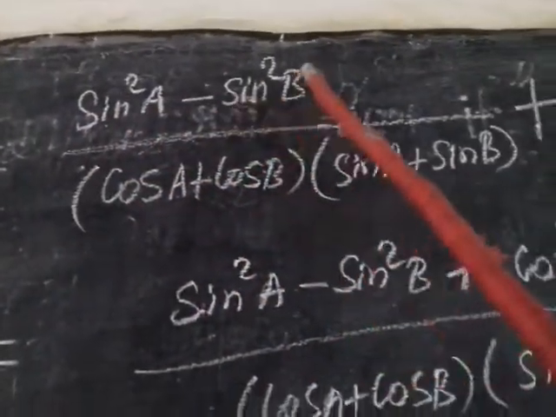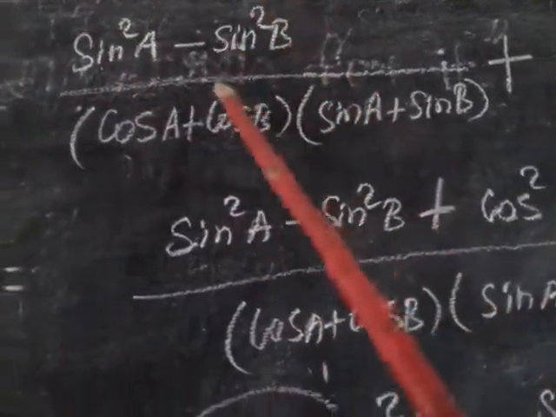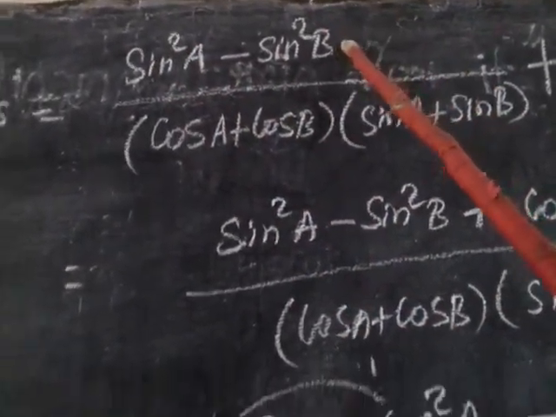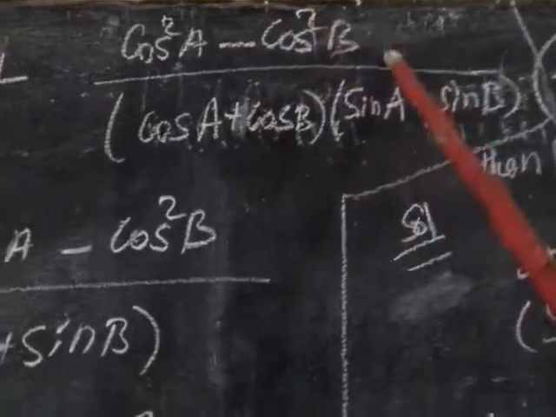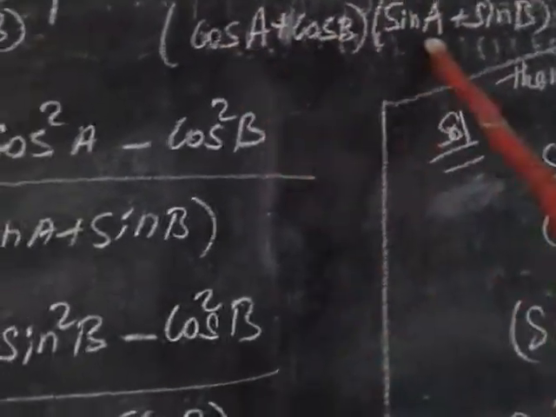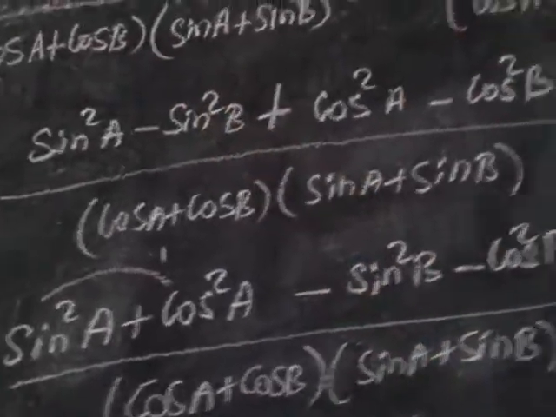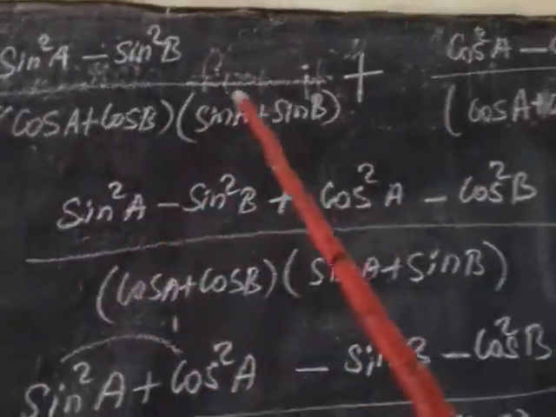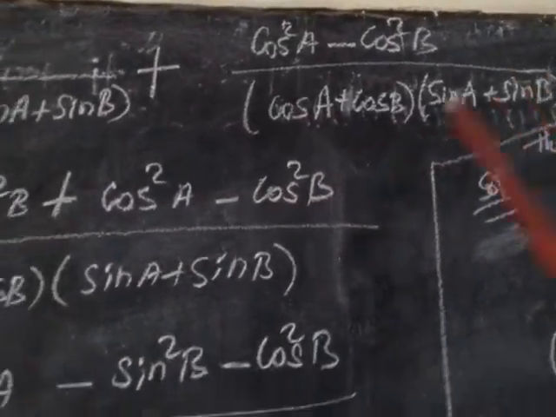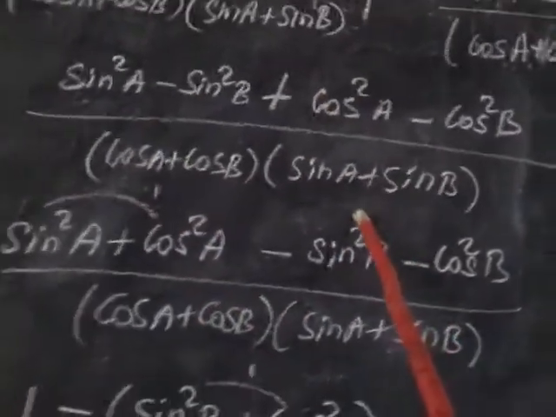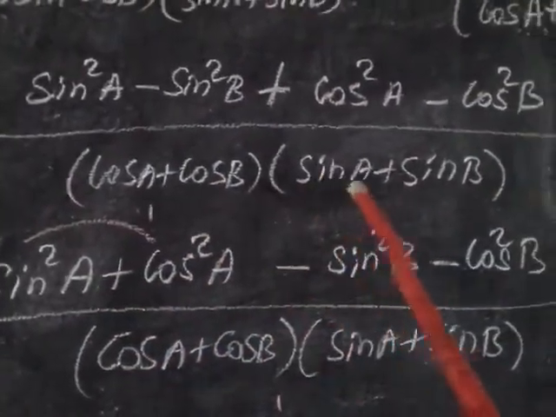So I wrote sin squared A minus sin squared B. The second term is the same form, cos squared A minus cos squared B. Both have the same denominator, (cos A plus cos B)(sin A plus sin B), so you write a common denominator.